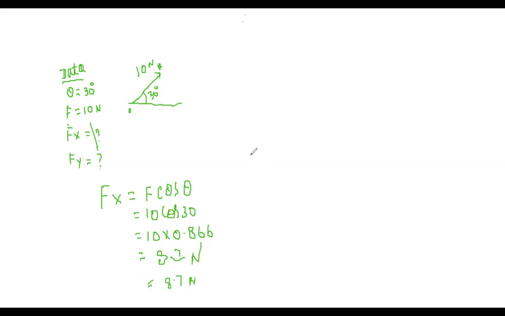Now similarly, you can find Fy. Recall the formula of Fy is F sine theta. Again, the same procedure: you put the values of F and theta over here, and you get 10 and sine 30.